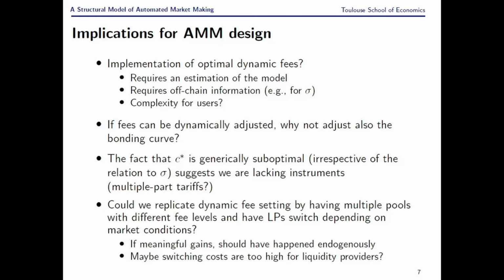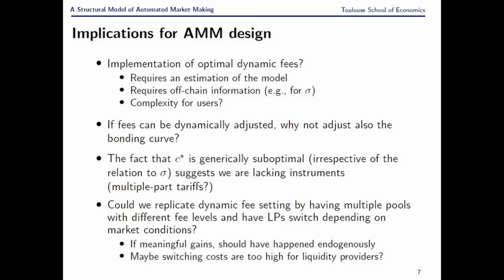If I take this really literally, what I would want to do is to have a dynamic fee which is going to adjust with the volatility. One question is, how do you actually do that? If you take this really seriously, how do you implement this on an AMM? That doesn't seem completely straightforward to me, right? Because first of all, you need to run an estimation of your models.